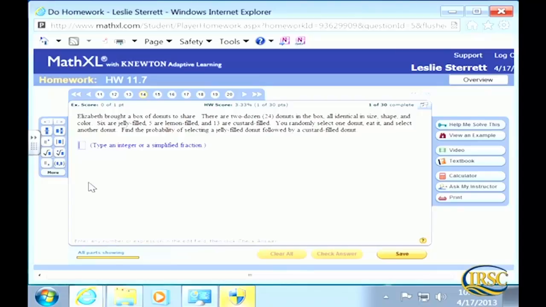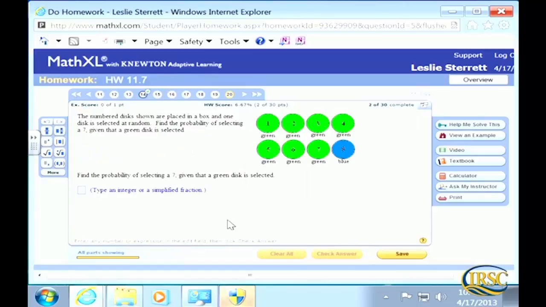So that is 13 over 92. Excellent. Okay, so here you have 8 discs in a box, and one disc is selected at random. Find the probability of selecting a 7 given that the green disc is selected.